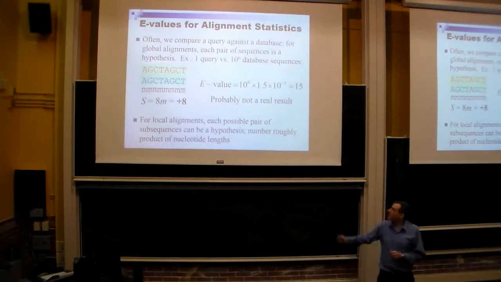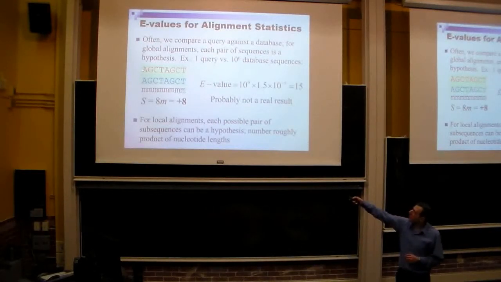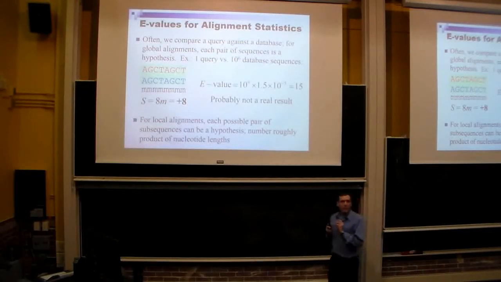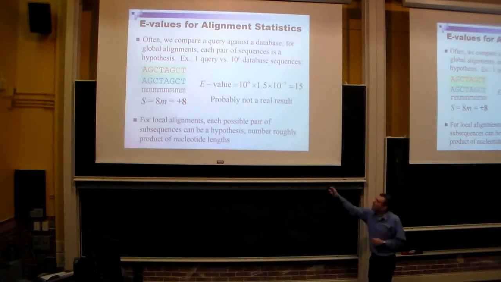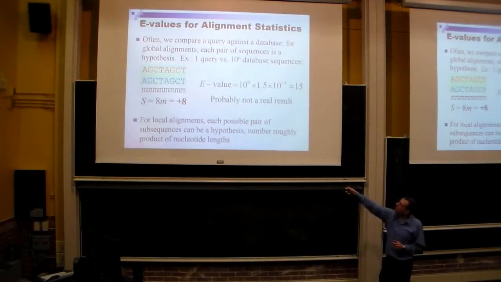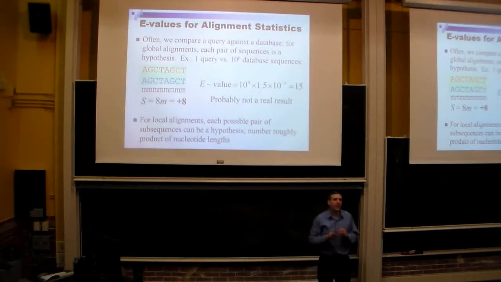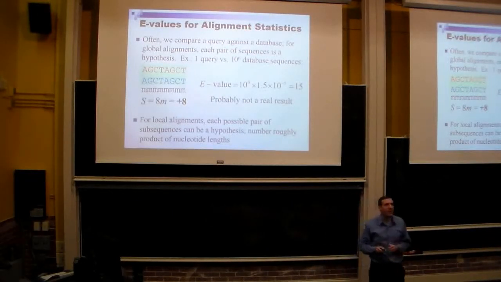In other words, if we had gotten this alignment of +8 here, which we saw gave us a p-value of 1.5 times 10 to the minus fifth, if we were just comparing those two sequences, we would say that was significant. But if we found this match in looking in a database of 1 million sequences, then we would have to account for the fact that over those million comparisons, some fraction of those, just by random chance, would give an alignment this good.